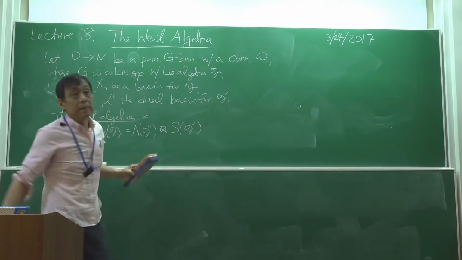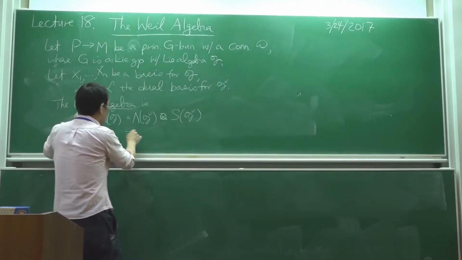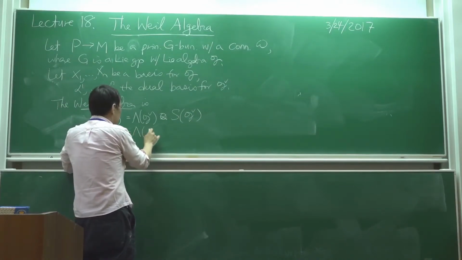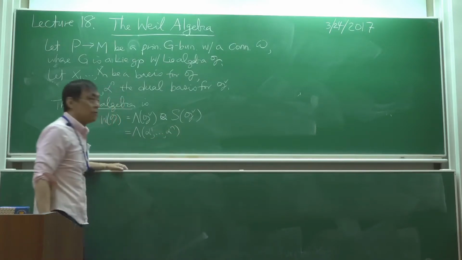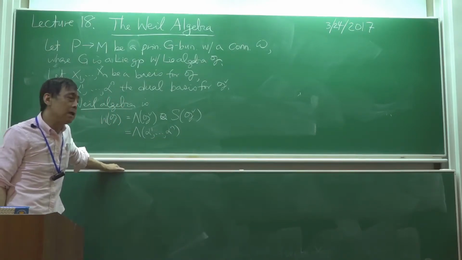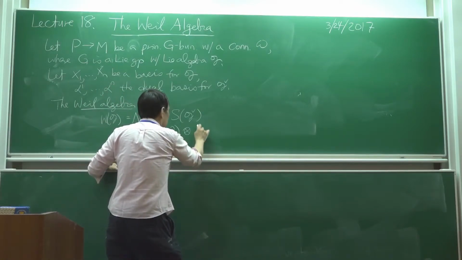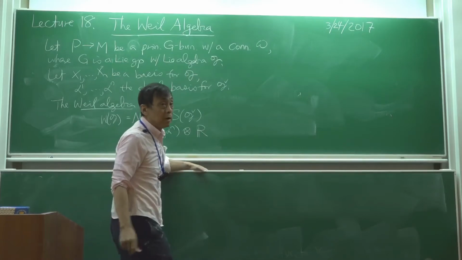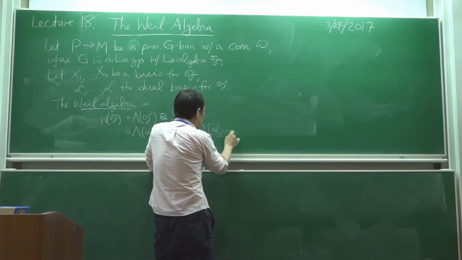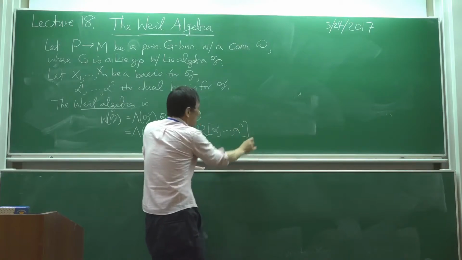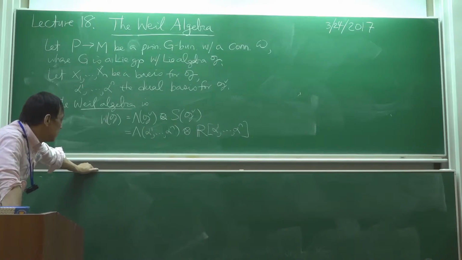Now what this means is that the exterior algebra is generated by alpha 1 to alpha n. And the symmetric algebra, that's the polynomial algebra generated by alpha 1 to alpha n.